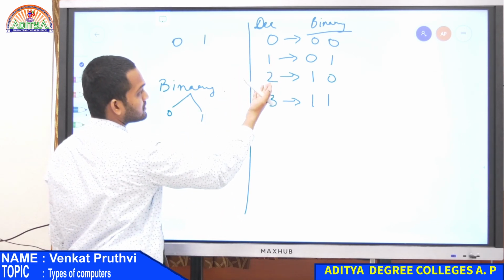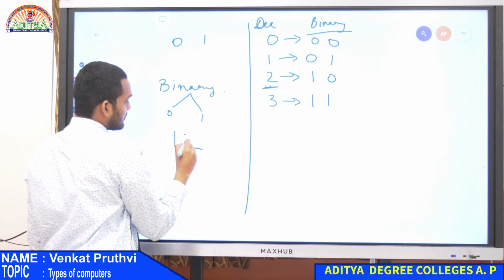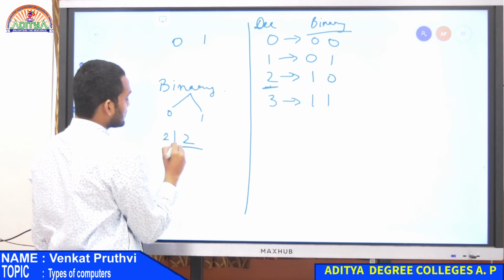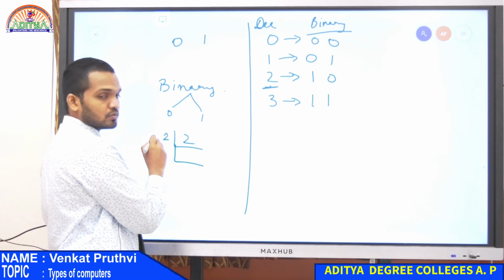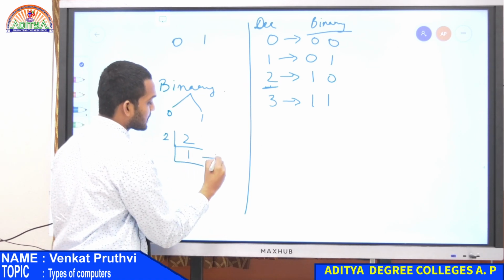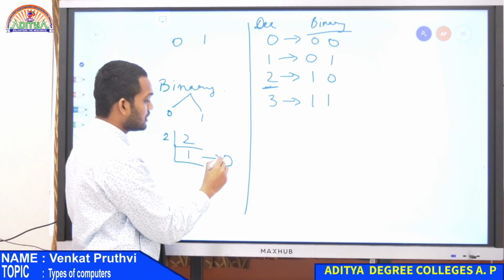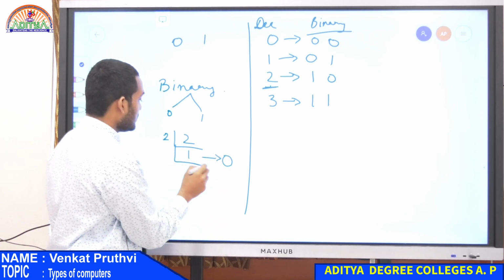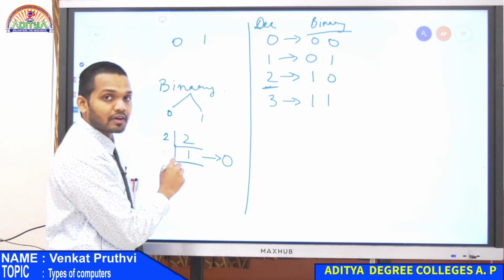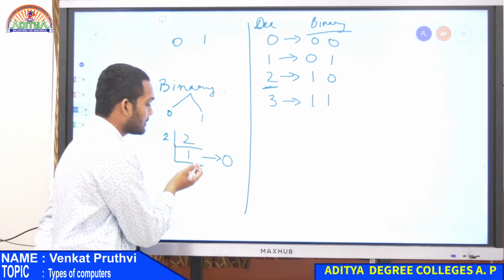Suppose let us take 2. Now, to convert the decimal number 2 into binary format, you have to divide that 2 by 2. So, 2 ones are 2 and what is the remainder? Whatever you get as the remainder, you have to write it over here. Now, what is the next thing we have? Is 1 divisible by 2? No, it won't be able to divide.